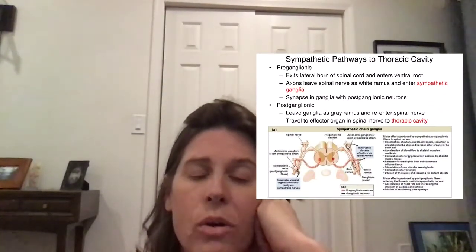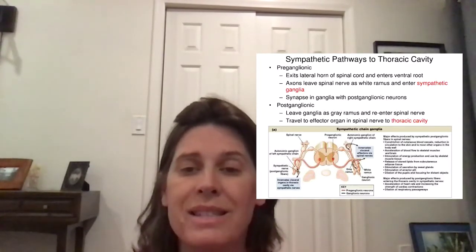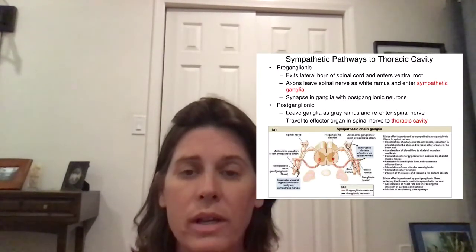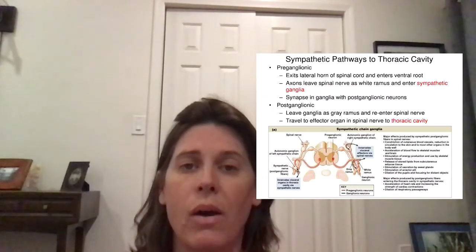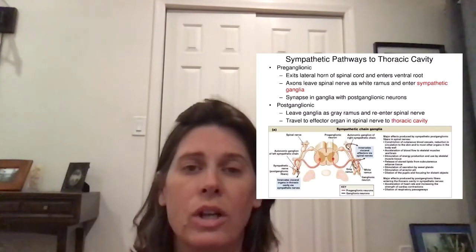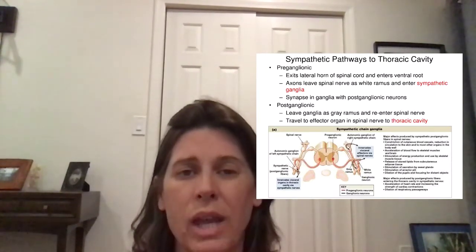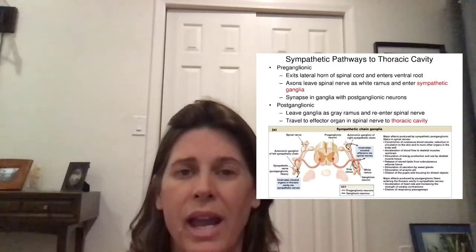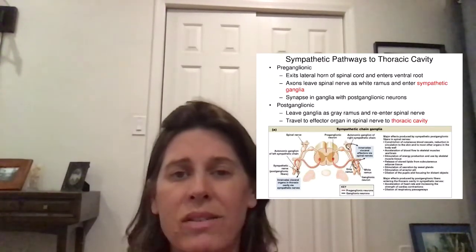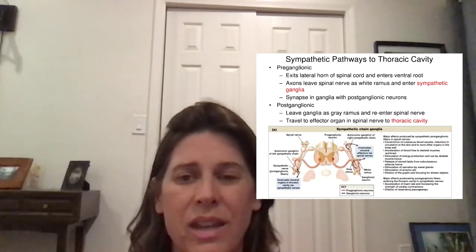Okay, so let's look at how we would stimulate a sympathetic response to organs located within our thoracic cavity. So what you're going to do is look at the sequence of our preganglionic and postganglionic fibers and what structures those axons pass through in order to innervate the organs in the thoracic cavity.